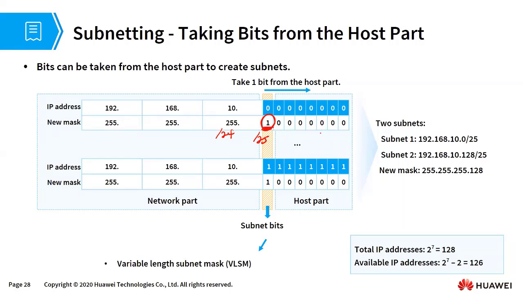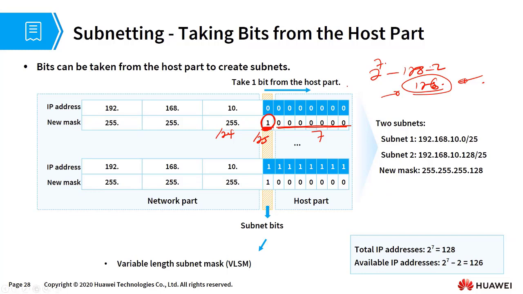That also changes our 8 host bits to only 7 host bits, giving us 2 to the power 7 addresses, 128 addresses. Subtract 2 from those. Now we have a smaller network. Is anyone getting this? Yes. Perfect.